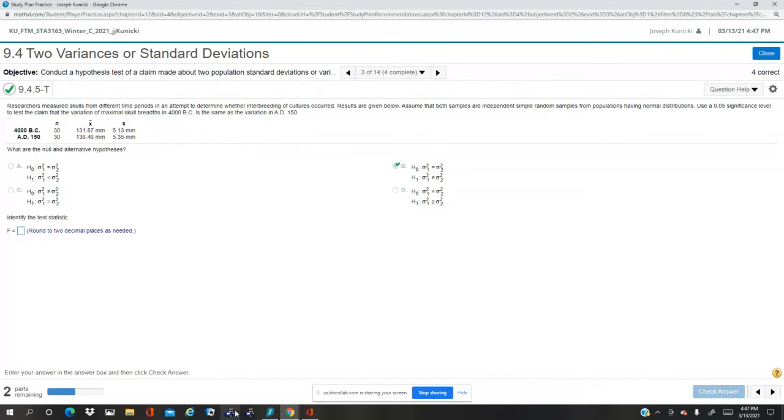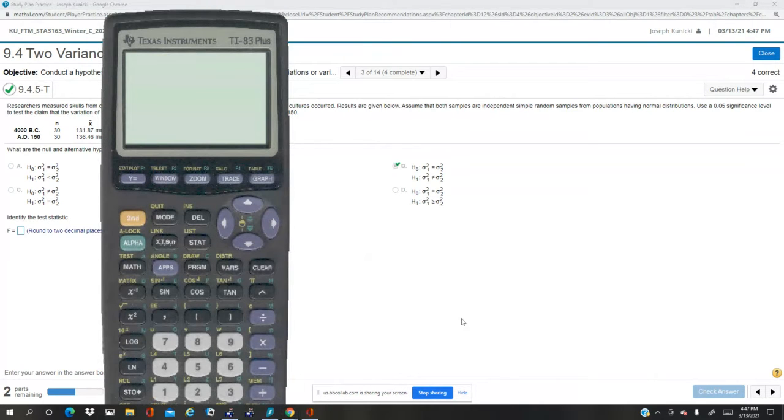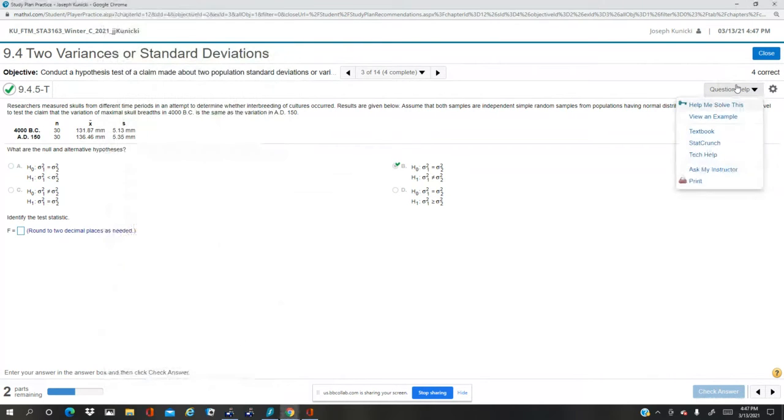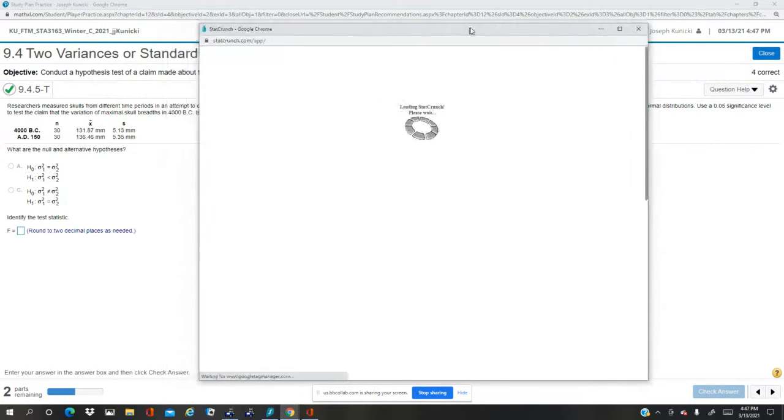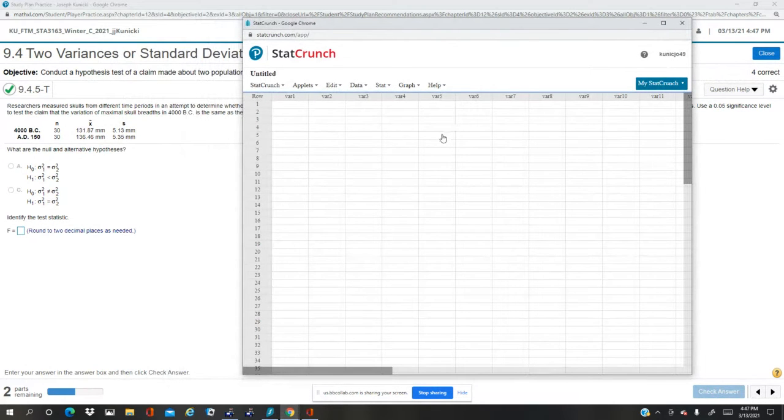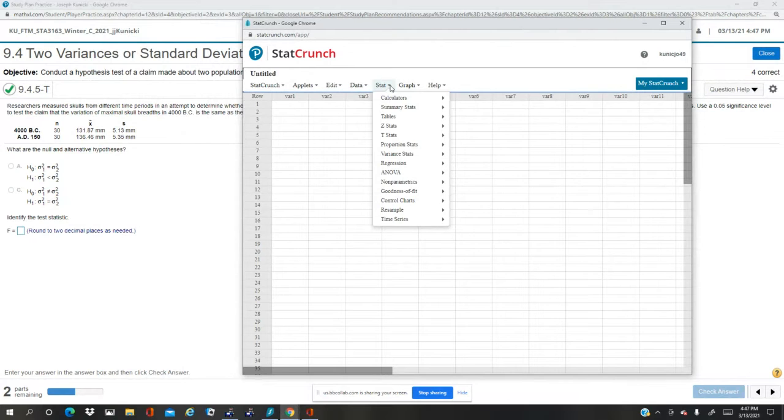And I'm going to need the calculator because they give us standard deviations and we want to measure variances. So calculator and then StatCrunch. And that'll be variance stats, two samples with summary.